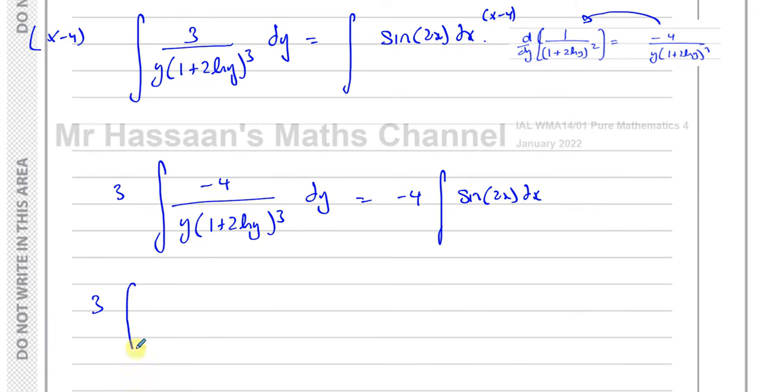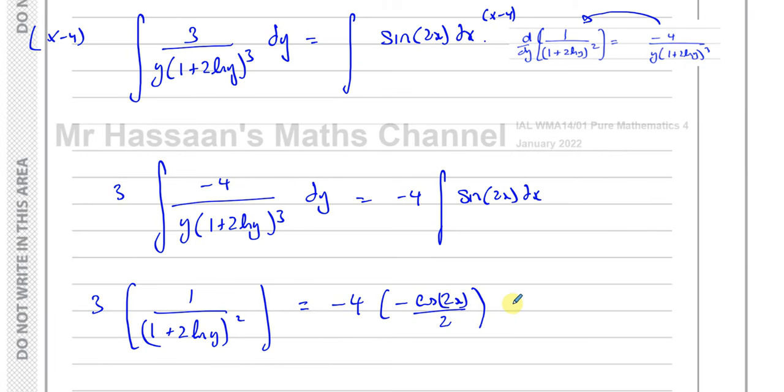This is going to be 3 times 1 over (1 plus 2 ln y) squared, equals, and now if I integrate sine of 2x, I'm going to get minus cosine of 2x, divided by the differential of what's inside there, which is 2, and then plus c, because we've got the general solution here.